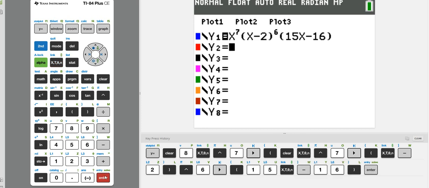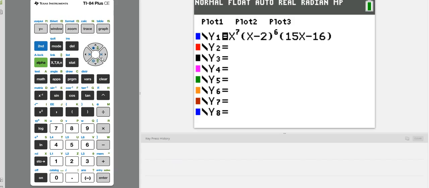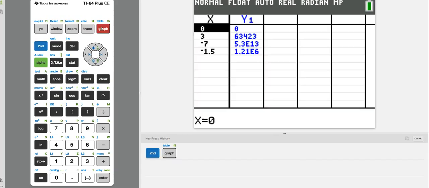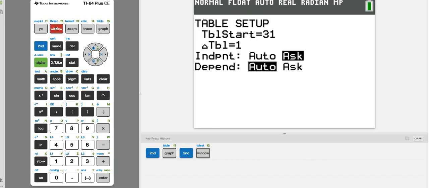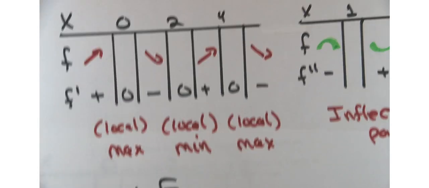Bam. Okay, so now I get to test some points here. What I have to do is I have to test points in the appropriate intervals. Hopefully your window settings are correct. If you hit the second key, then the window key, hopefully your window settings are independent set to ask, dependent set to auto. When you go over to your table function, let's delete those values. I need some points that are kind of in between these places.